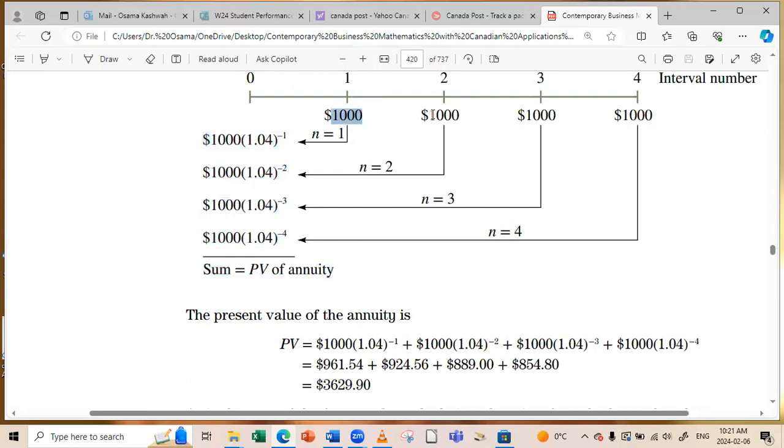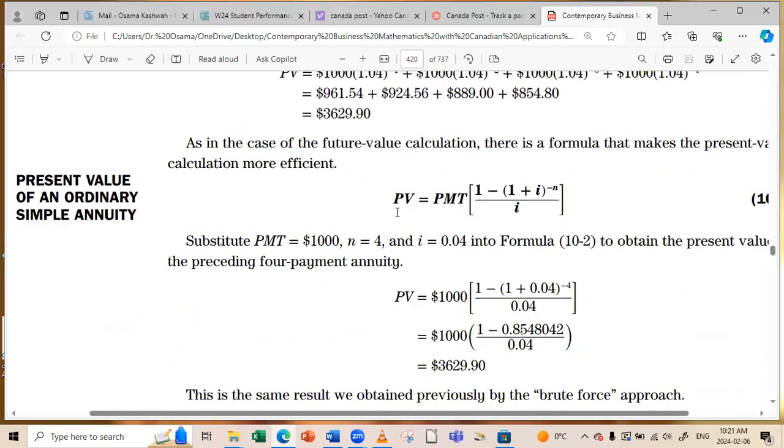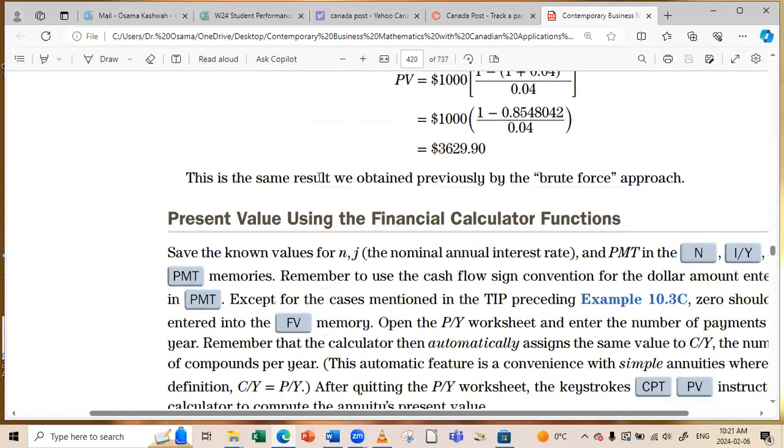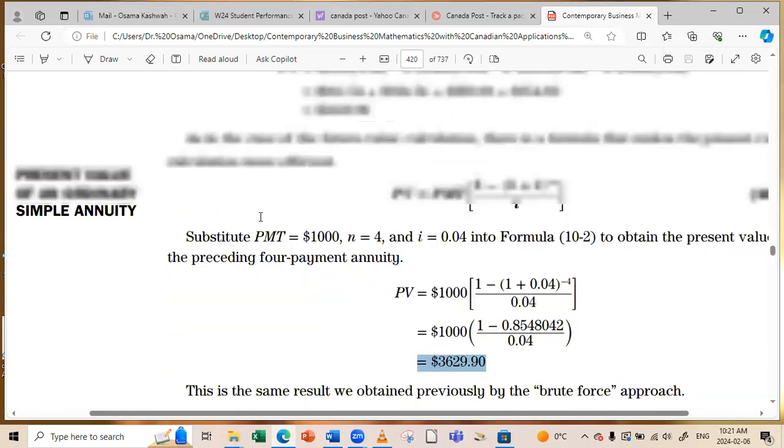As long as the annuities are similar, and I have the duration at the end of each period, which is 1 year, and I have 4 annuities, and the interest rate is 4%, I can apply directly the formula which is in front of you here, guys. This is the formula for the present value of ordinary annuities, simple annuity. So this will give me the same result which I got for each one apart.